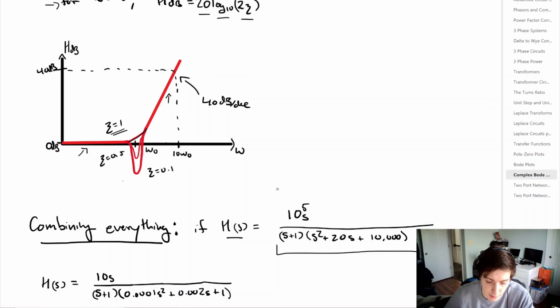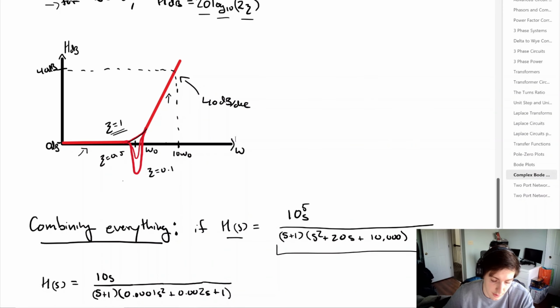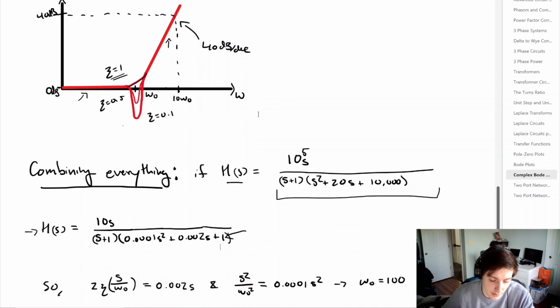Now, combining everything, we want to consider function h being equal to all of these terms here. And the first thing that we're going to do is try to fit the form that we derived above. So we know that we want some part of h to look like this. So we're going to divide by 10 to the 4th, or 10,000, and that's going to give us this transfer function. And the reason for doing that was so that we could get a 1 right here. Now, from this, just making substitutions, we can say that 2 times zeta times that quantity of s divided by omega naught is going to be equal to 0.002s.